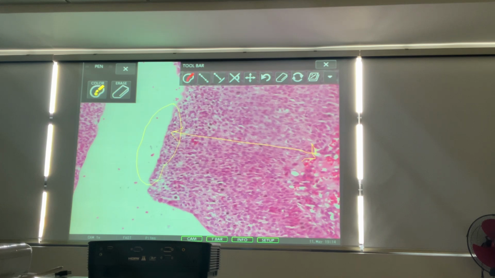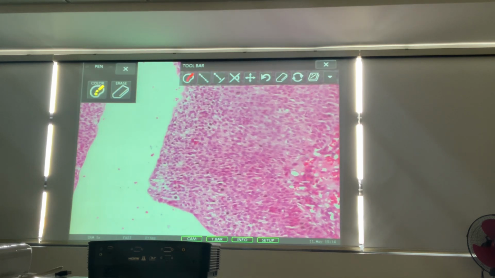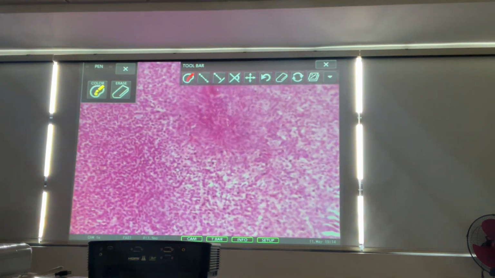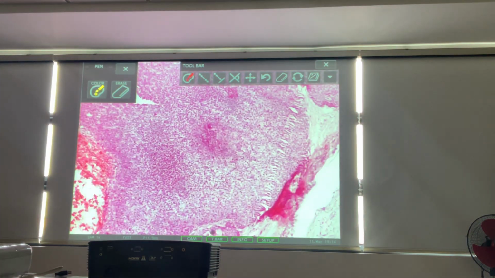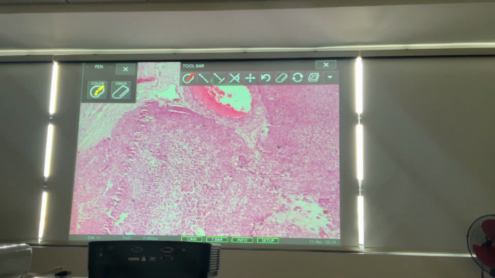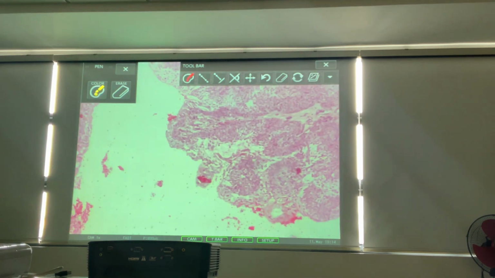So the prognosis of this tumor becomes more ominous or poorer if the tumor has already invaded the underlying muscular layer. What's your muscular layer of the urinary bladder? What do you call that muscle? Your detrusor. So once there is invasion of the tumor into the detrusor muscle, the prognosis is poorer.